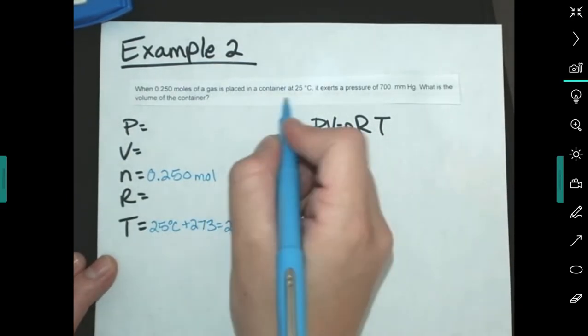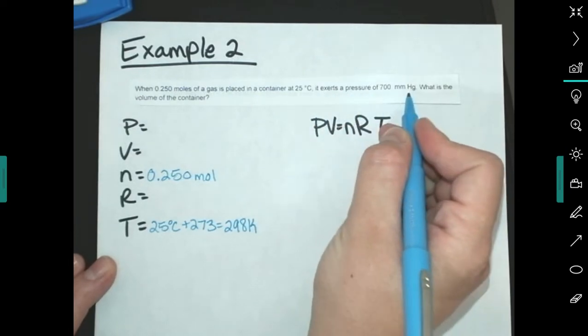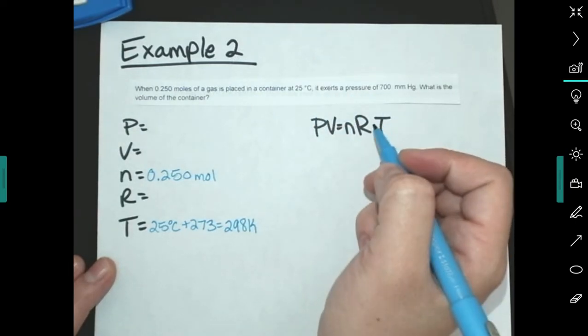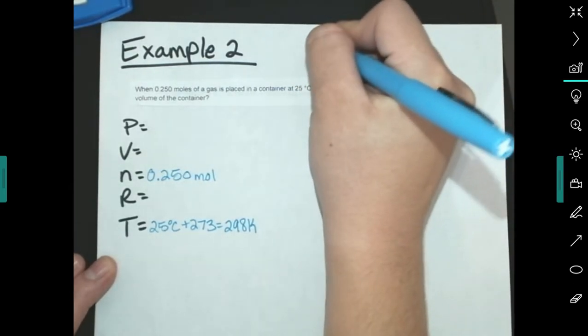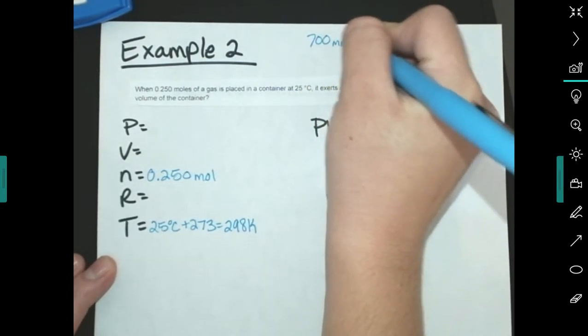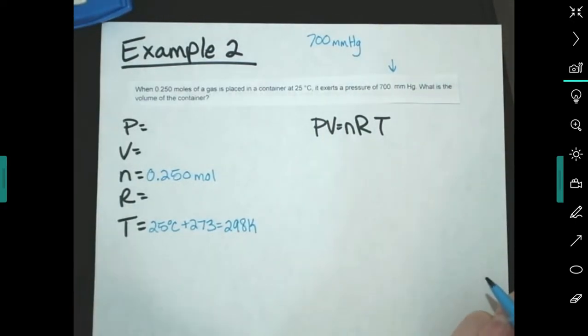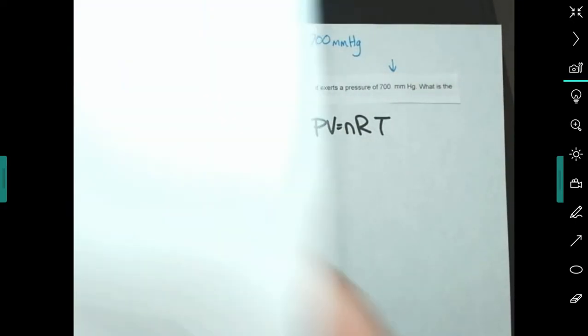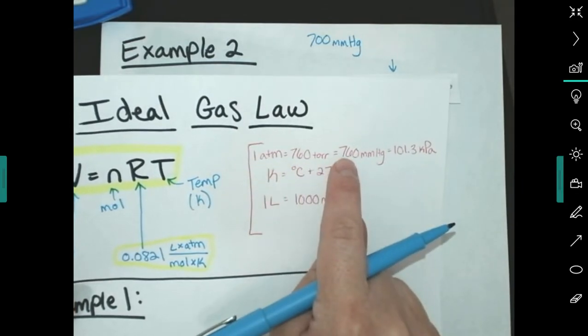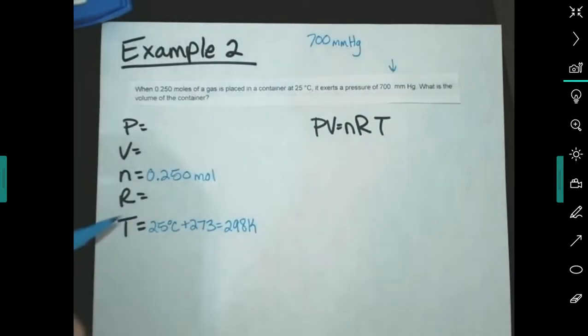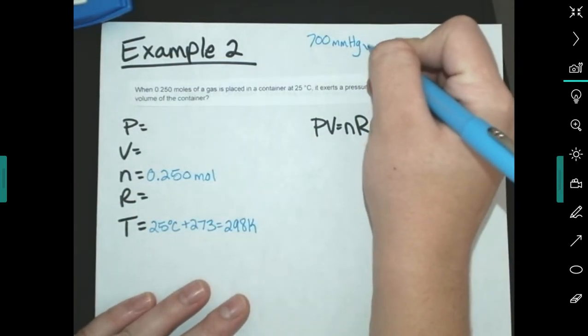All right, and then it says it exerts a pressure of 700 millimeters of mercury. Okay, so 700 millimeters of mercury, that needs to be in atmospheres, right? And if you remember on the front of our notes, we said that 1 atmosphere is equal to 760 millimeters of mercury. So let's do a little conversion here.